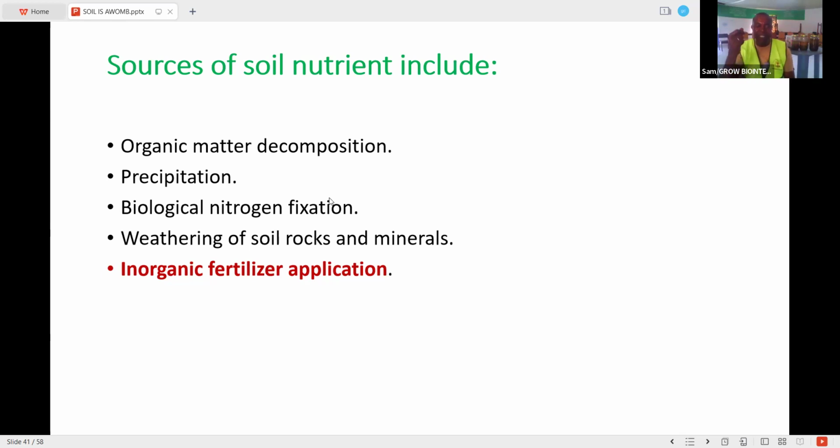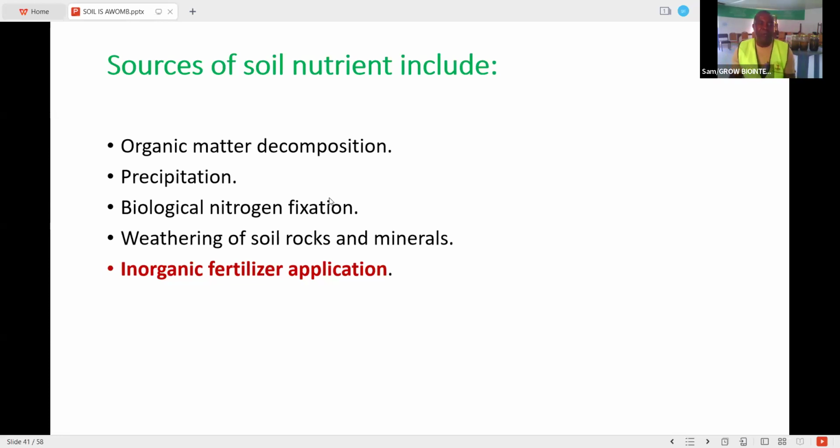There must be some lightning. When you see lightning and there is precipitation, then you know that automatically the nitrogen has been fixed into the soil. In the atmosphere, the highest amount of gas is nitrogen, which is 78%. So some of it is fixed into the soil by that lightning when there's precipitation.